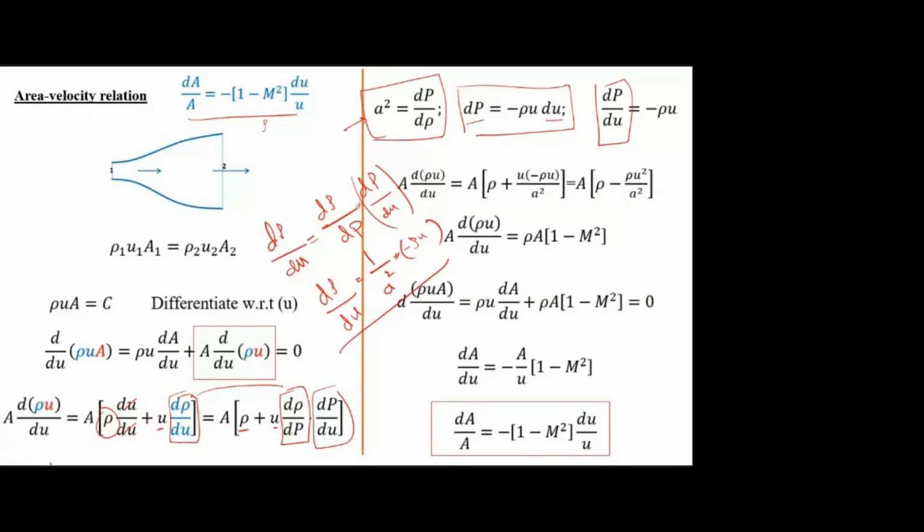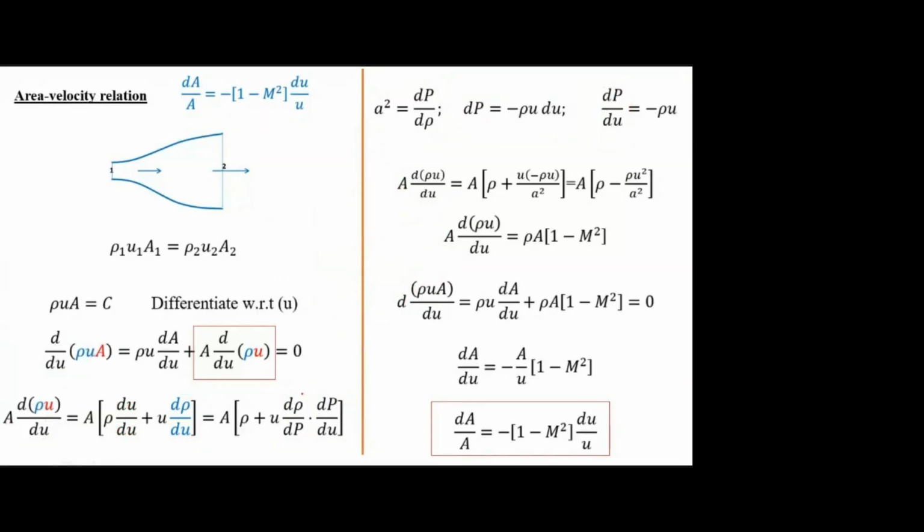So they have taken 1 by a square, and it is minus rho u, and u is already there. Now you simplify, you will get rho minus rho u square by a square, and this u square by a square is M square. Then you take rho outside, so rho (1 minus M square). That's what they mentioned here. Is it clear?